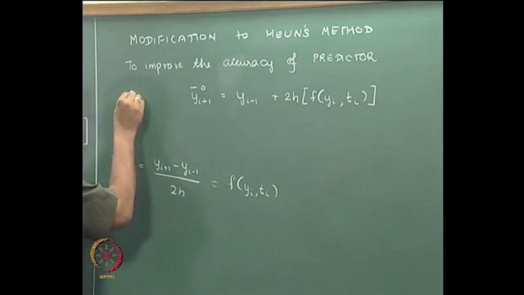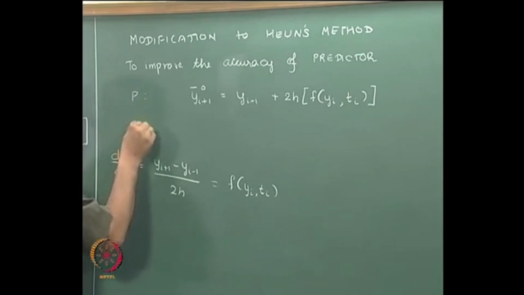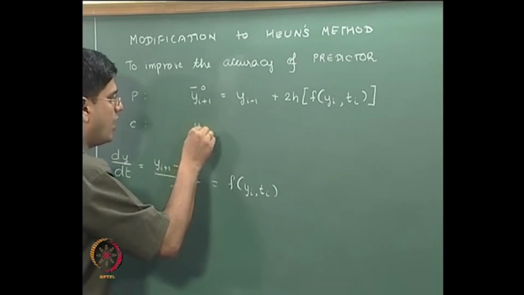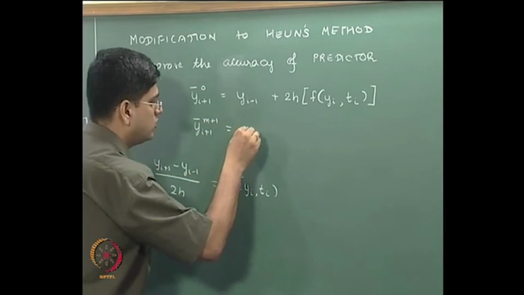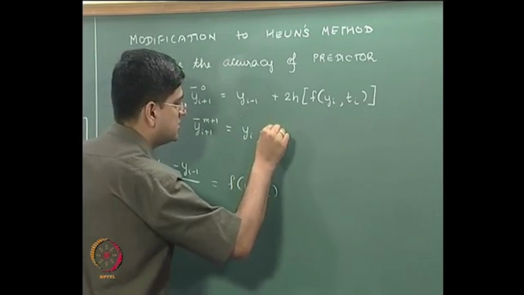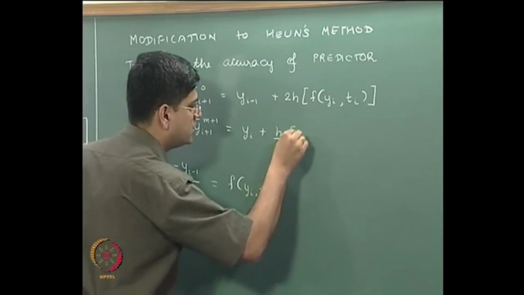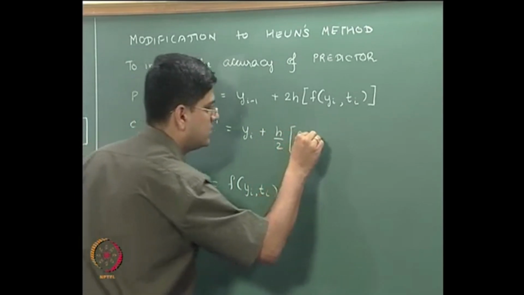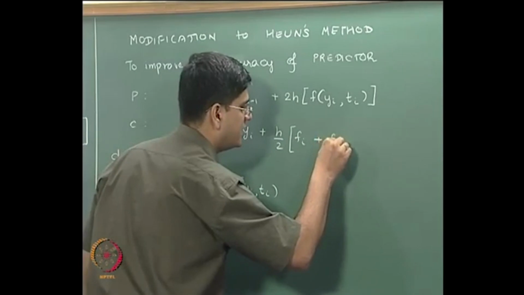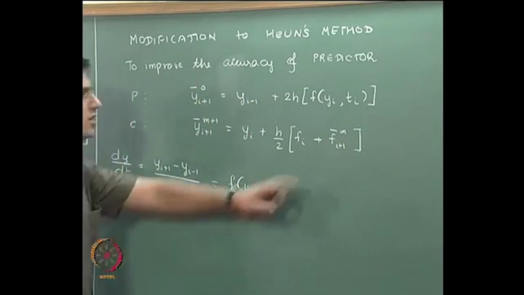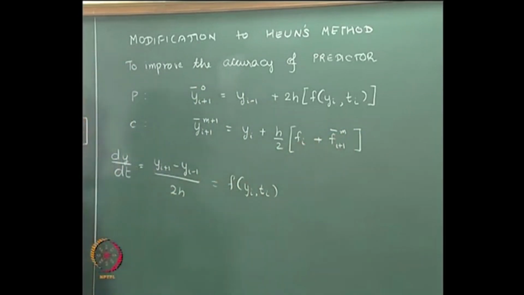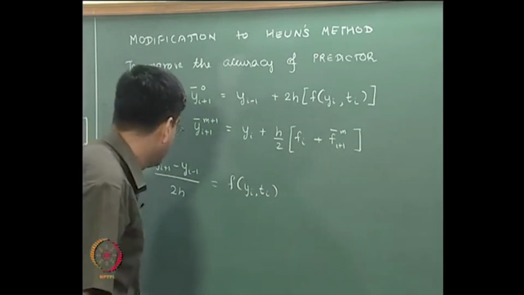Okay. So that is the predictor equation, and the corrector equation remains the same, yi plus 1 bar m plus 1 equal to yi plus h by 2 multiplied by f of i plus f of i plus 1 bar m. Okay, I am just using shorthand notation here because I do not want to write this entire expression all over again.